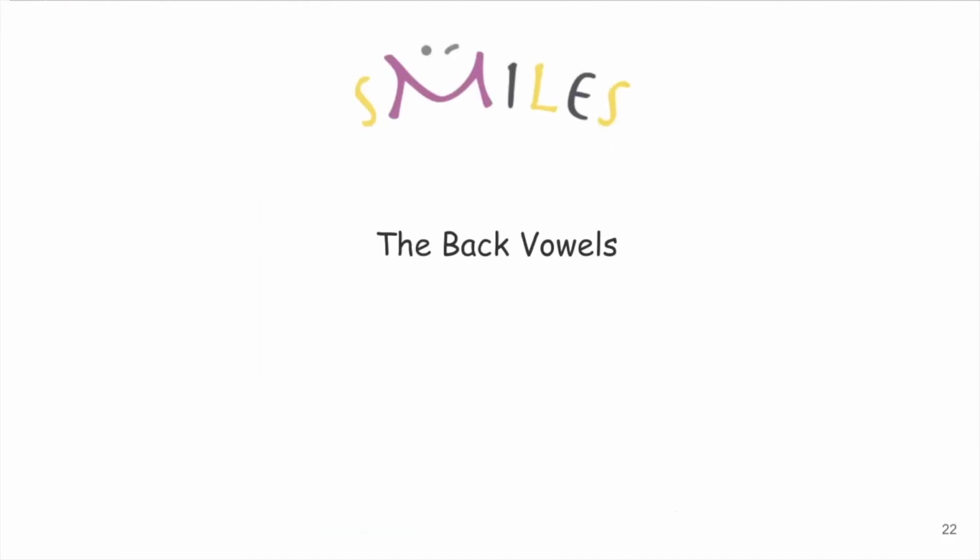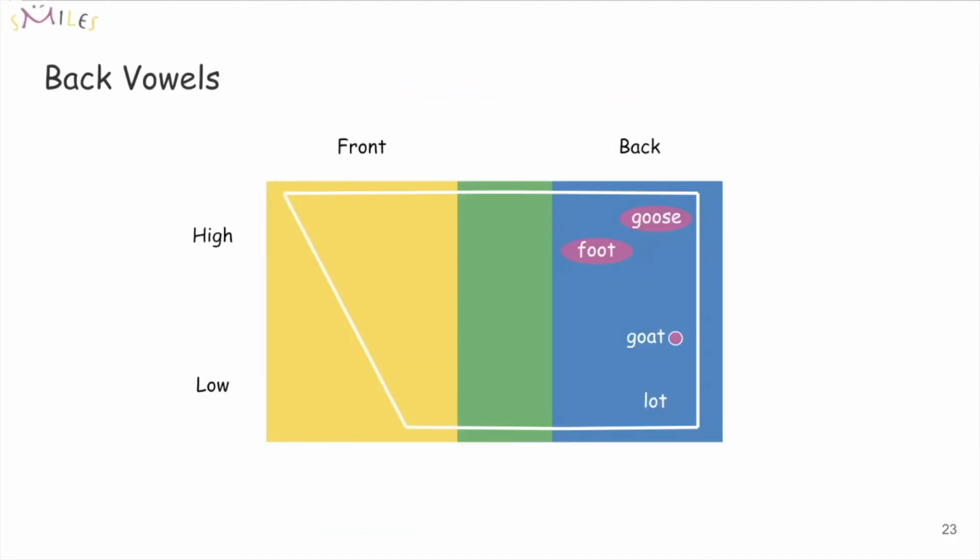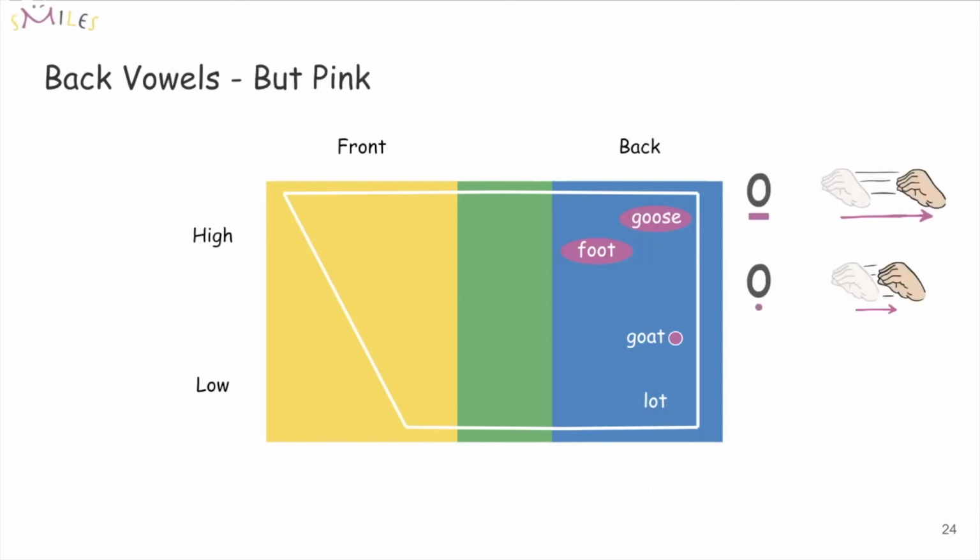The back vowels. The vowels formed in the back are 4. The feature of lip rounding is an important feature of these vowels and deserves representation. The keywords goose and foot represent 2 vowels, oo and u, one long and one short.